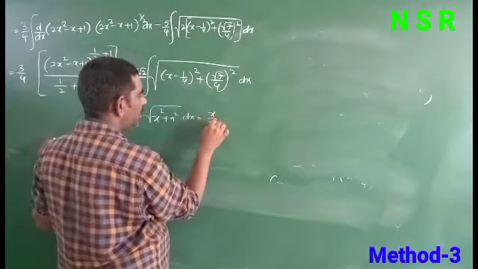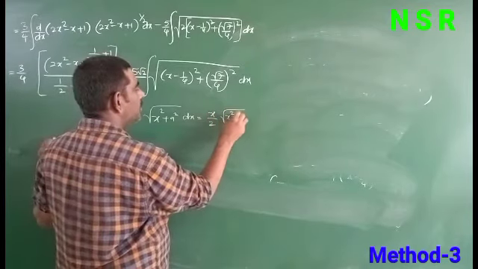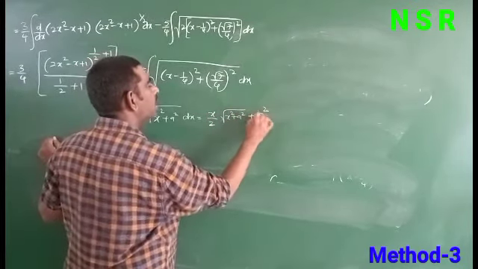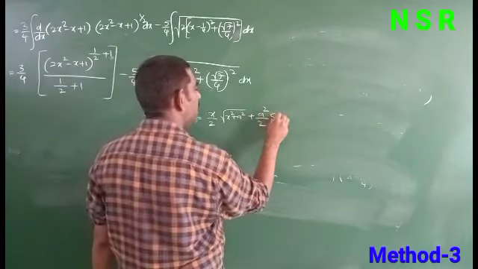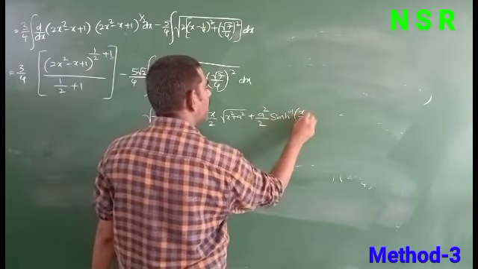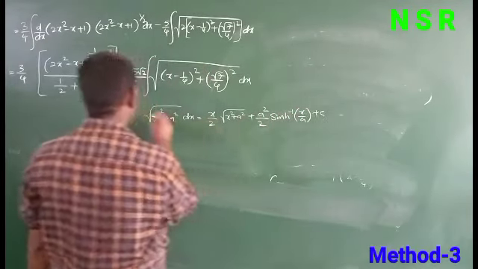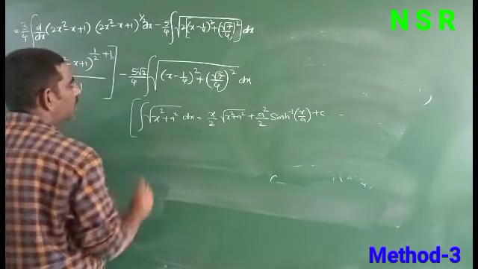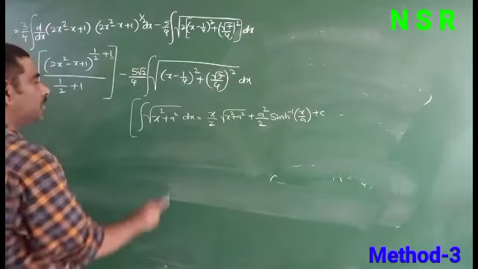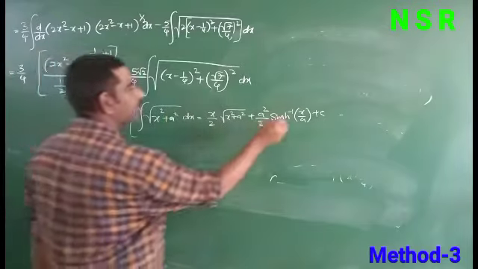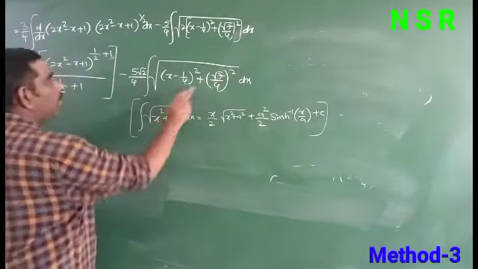The formula is x by 2 square root of x square plus a square plus a square by 2 sin h inverse x by a plus c. So this is the integration of square root of x square plus a square into dx formula. So this formula we apply here.